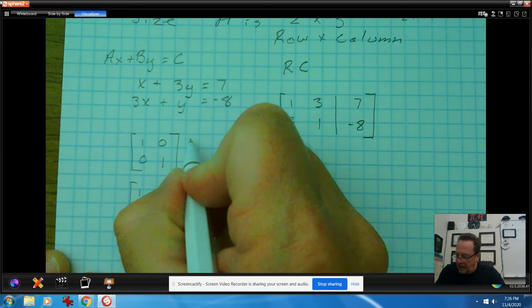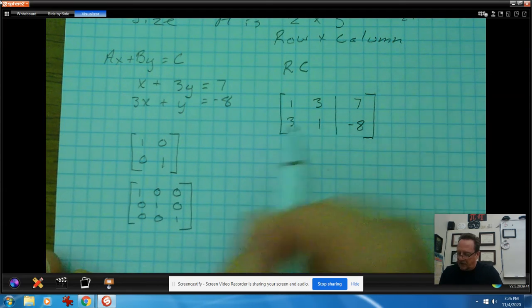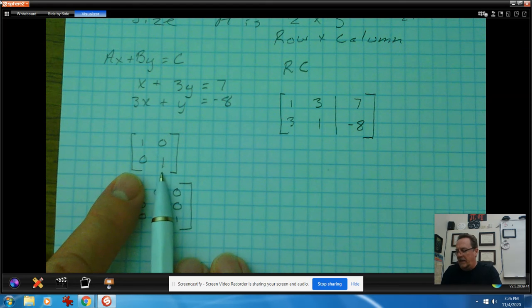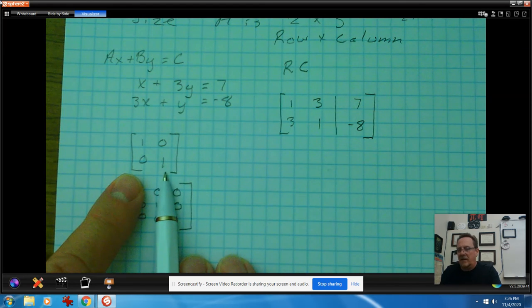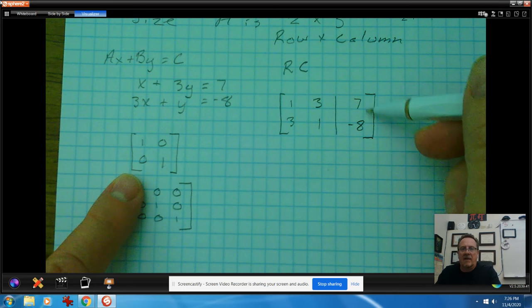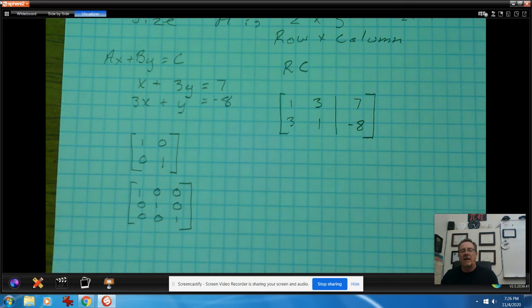There's a good reason that they're called the identity matrix, but for us, when we look at the augmented matrix, if I can get the main part of the augmented matrix as the identity matrix, then the numbers that'll be hanging out here to the right of that line actually end up being the solutions for our variables. Okay?